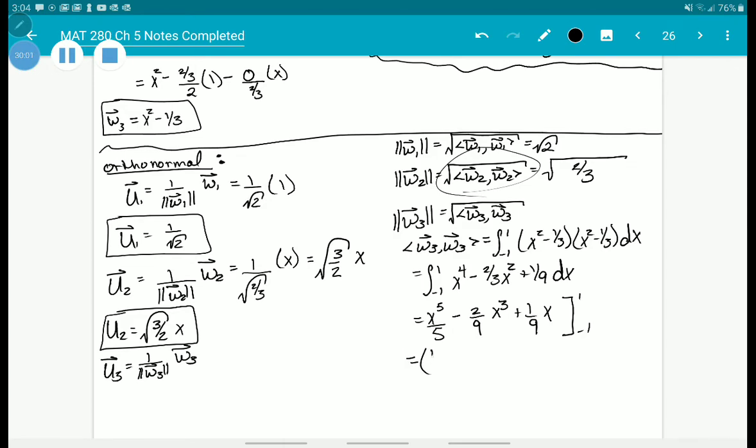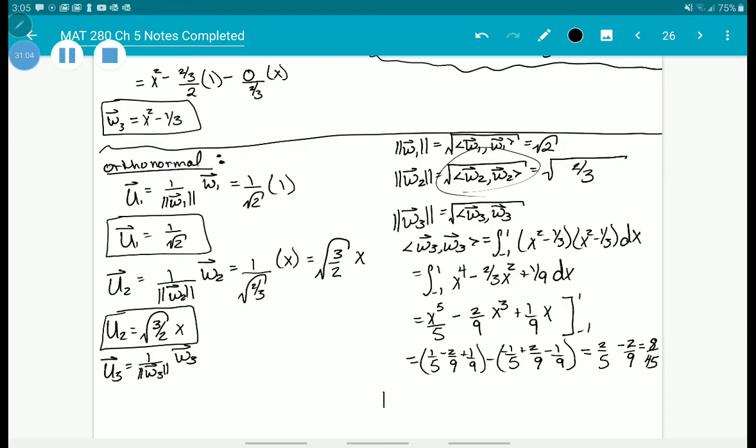If I plug in 1, then plug in the negative 1, that gives me 2 over 5 minus 1 over 9, minus 3 over 9, minus 2 over 9, which is going to give me 8 over 45.